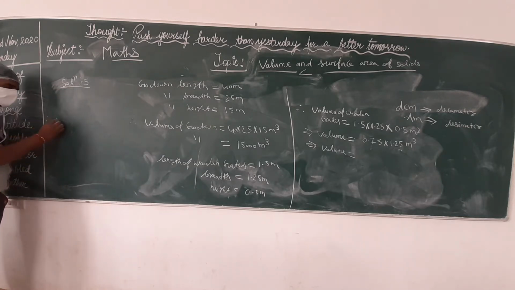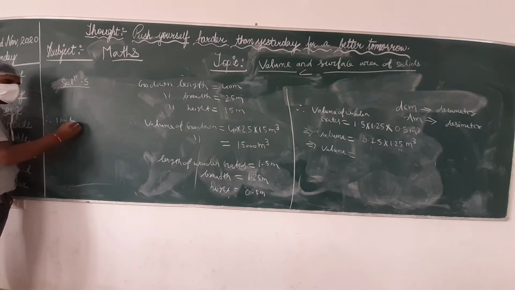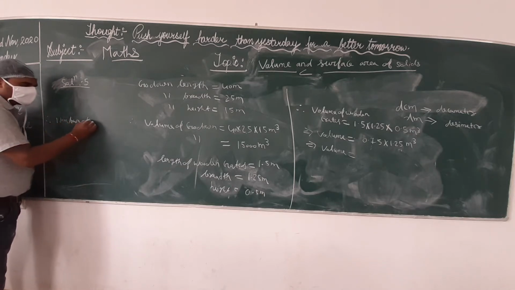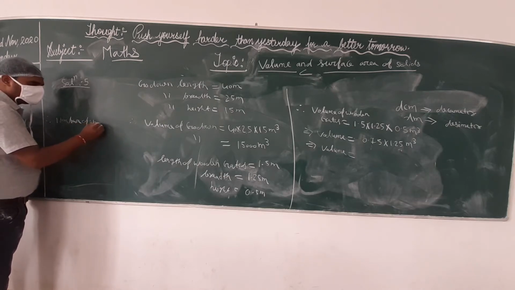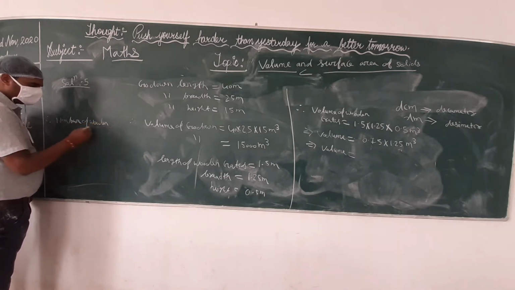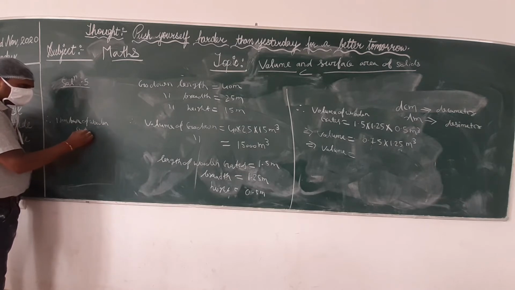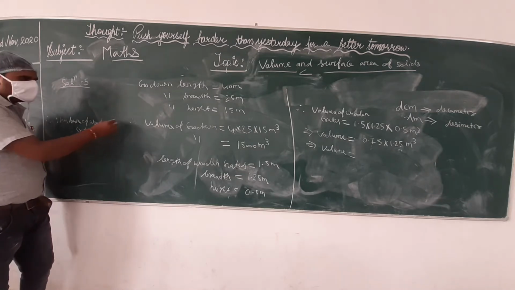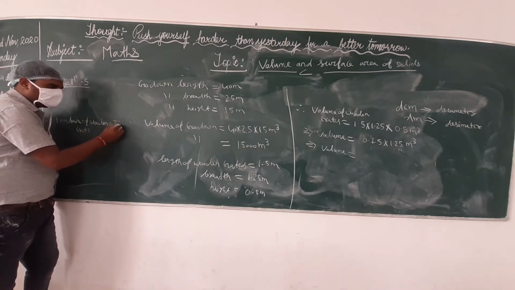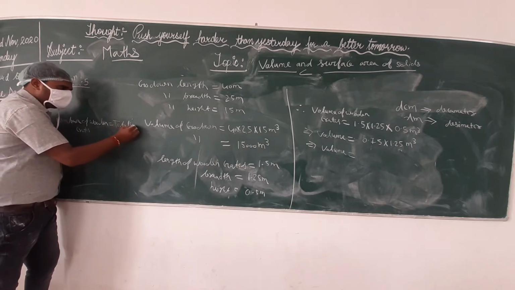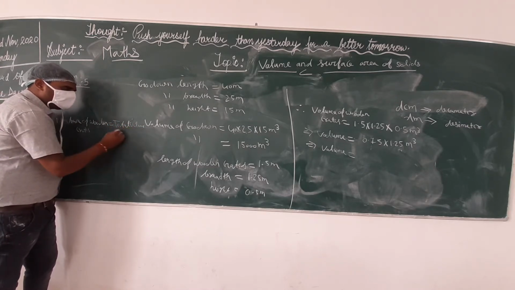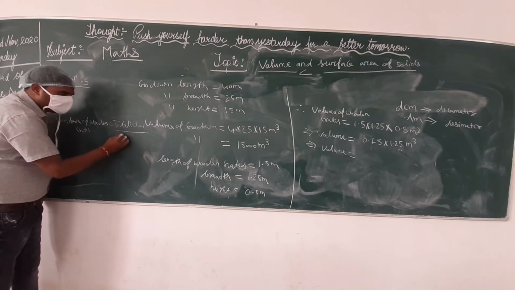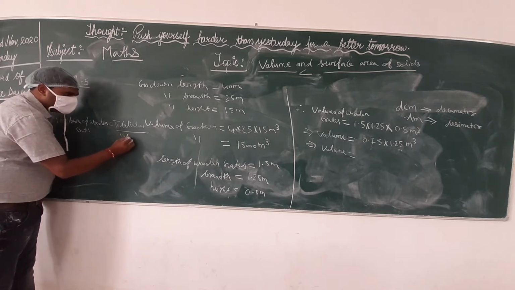Therefore, we have to calculate the number of wooden crates. Total volume, you have to mention total volume, divided by the volume of a crate.